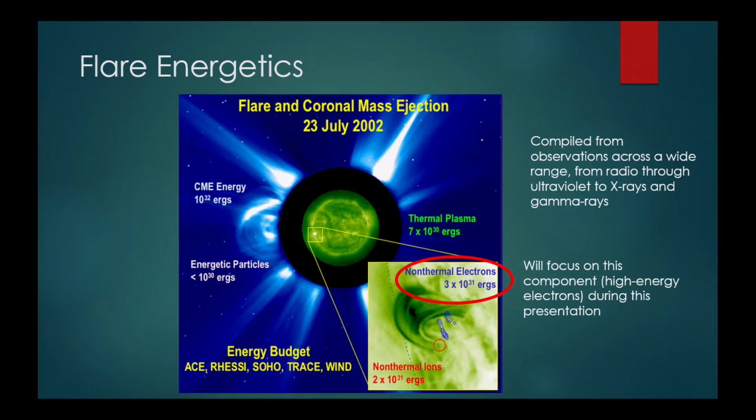This is the bit I'm going to be talking about mostly today, are the non-thermal electrons that are making these little blue contours of emission due to a process called Bremsstrahlung. And we believe in this event there was about 10 to the 24, 10 to the 25 joules worth of these things. Okay.